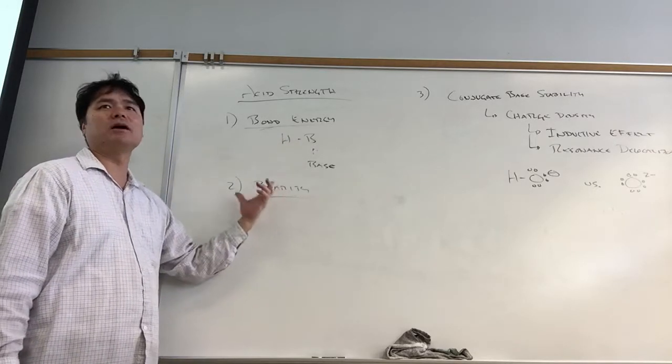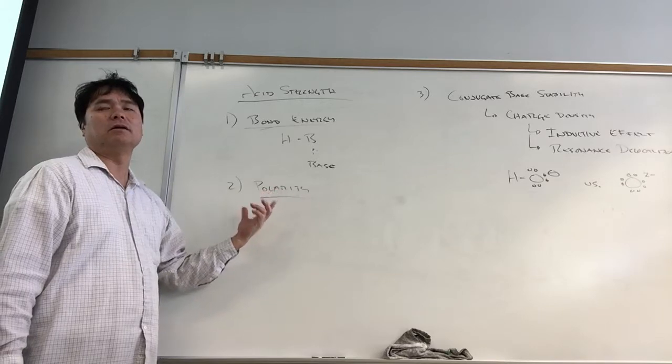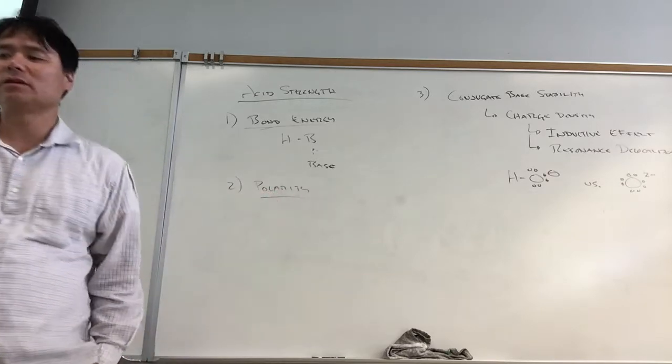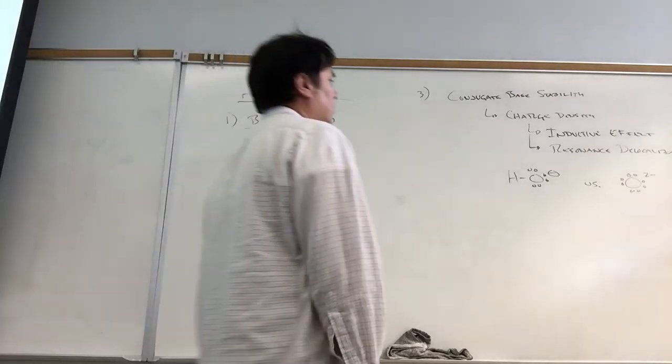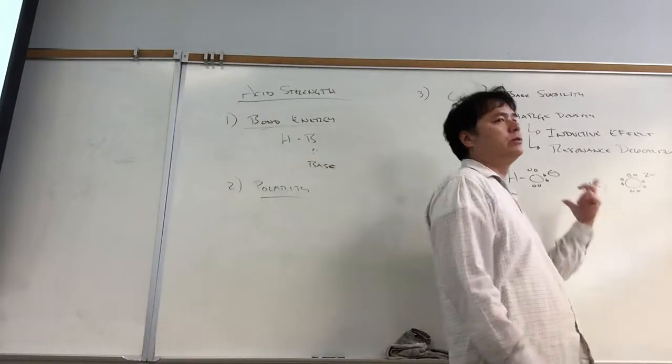Well, all chemical reactions are electrical in nature. What's going to attract a base to an acid is that the hydrogen has a delta plus charge. It's polarity. And so both of these are going to be attracted to an H+.